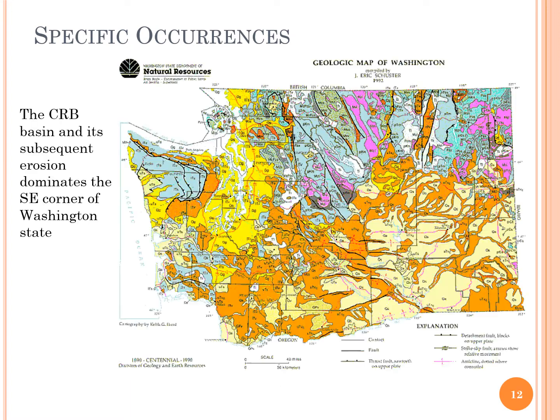So I want to include one more map here, a rather busy map, a map of the geology of Washington State. There's a lot of information on this map, but we want to focus on the area down here in the southeast corner of the state, which makes up almost a quarter of Washington State.